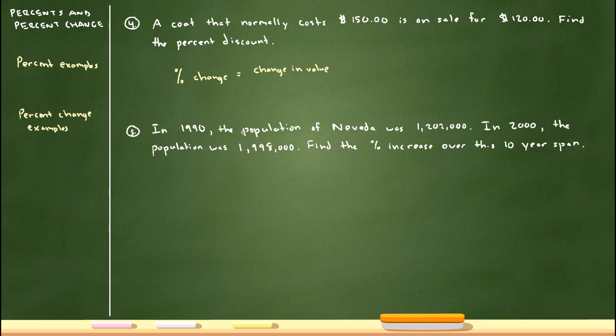Like in the second case here, we're talking about populations, but the same idea will apply. It's going to be the change in value, or some change in numbers that you're given, over the original value. Okay, now this change in value, we would want to do absolute value here.